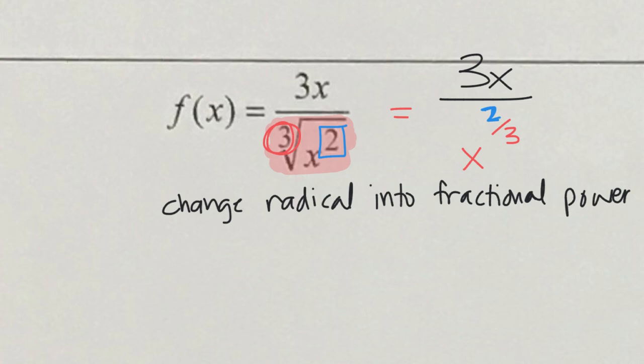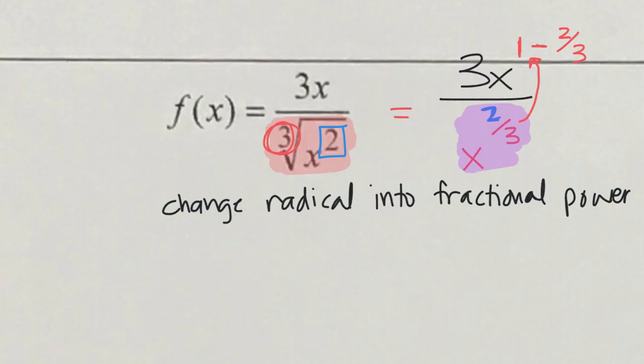And now we're going to employ that same exponent rule, right? So I can bring my exponent to the numerator by subtracting it from the power that's already there. So now I have an x to the 1st. Okay, so this is 3x to the 1st power, and I'm going to subtract 2/3 from it. Okay, so I have the like bases, so I can add their exponents.